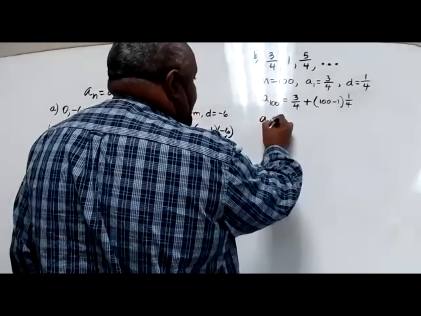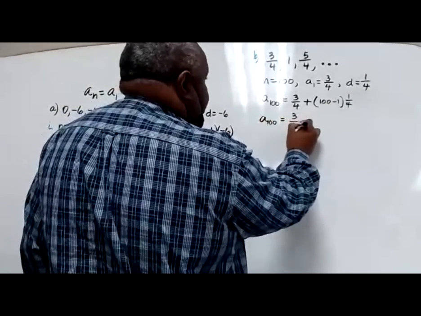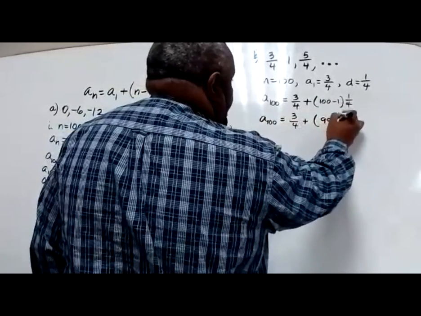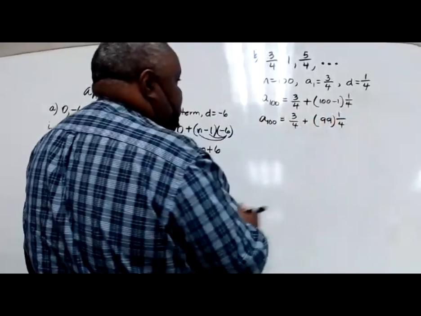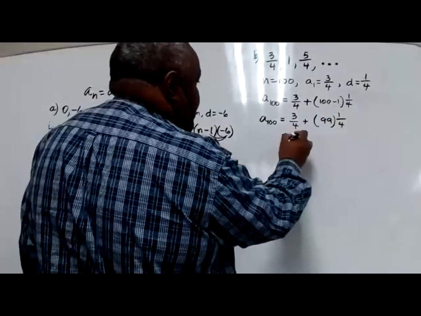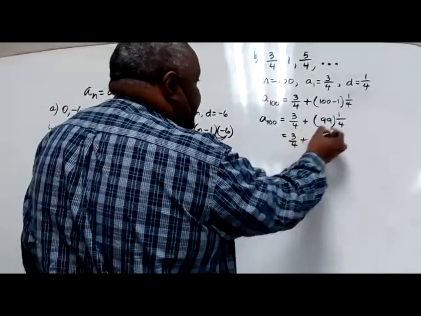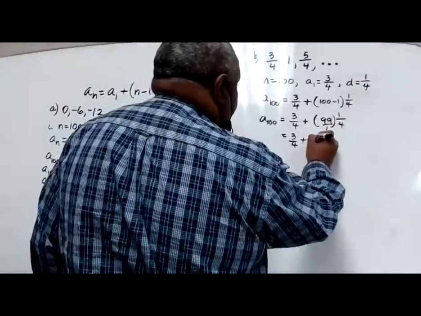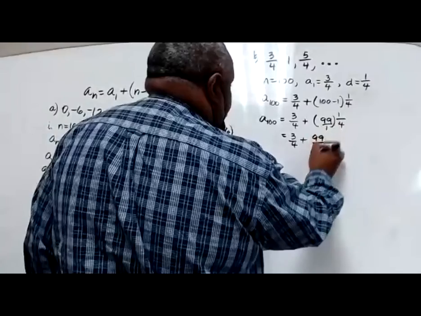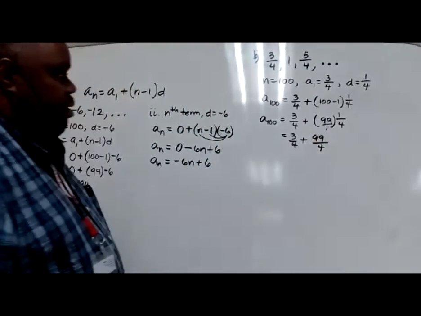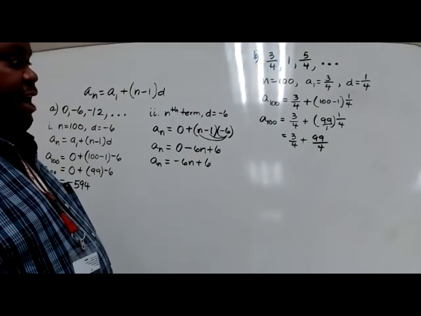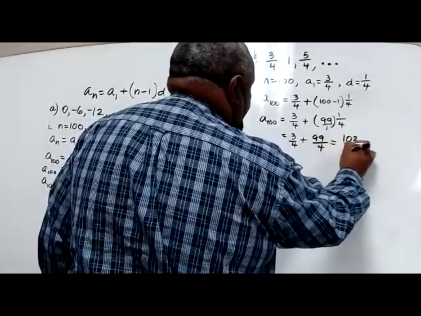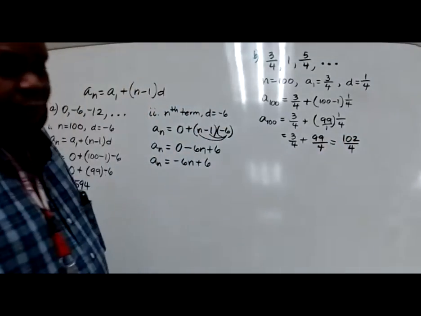So here, A sub 100, that'd be 3/4 plus 99 times 1/4. I'm going to bring down the 3/4. That 99 would be 99 over 1. So 99 times 1 would be 99 over 1 times 4, which would be 4. So 3/4 plus 99/4 would be 102 over 4.